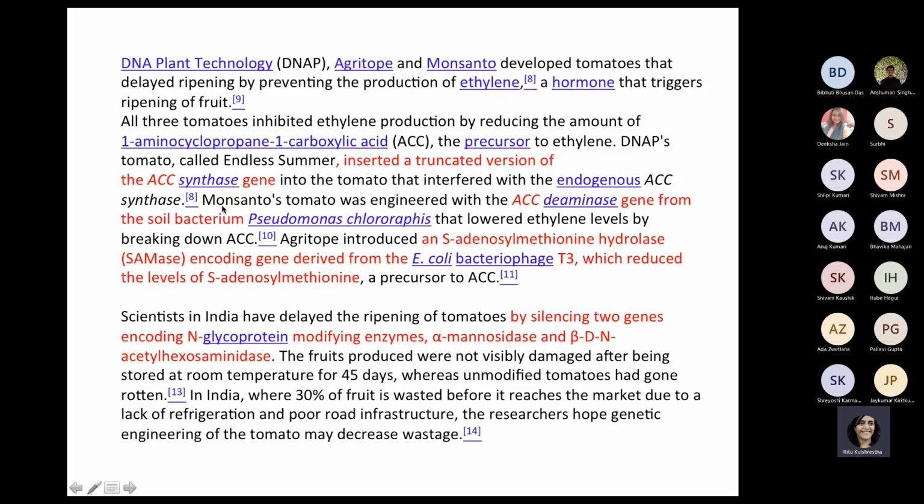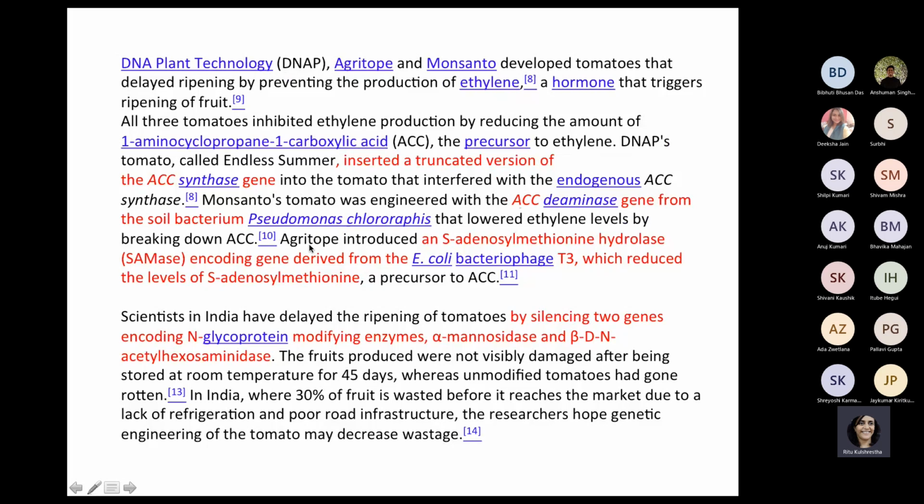Then Monsanto, what did they do? They rather engineered another enzyme, ACC deaminase, and the source was the soil bacteria. So that the introduction of this enzyme lowered the ethylene levels by breaking down ACC. So this is completely different strategy. You can use siRNA against ACC. That can be another third strategy. What did Agritope do?